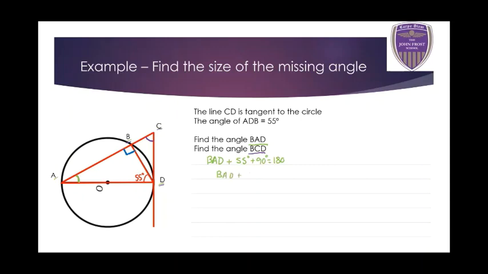So BAD plus 145 equals 180 degrees. And rather than drawing the final step out, BAD is equal to 35 degrees. Okay. So we've answered the first one. We've got 35 degrees there.